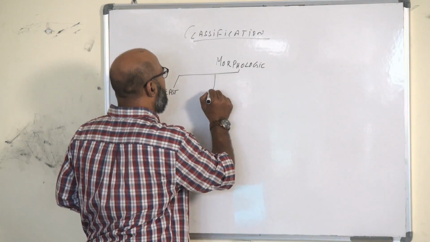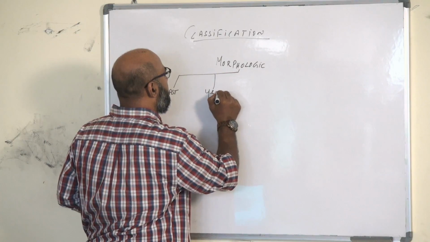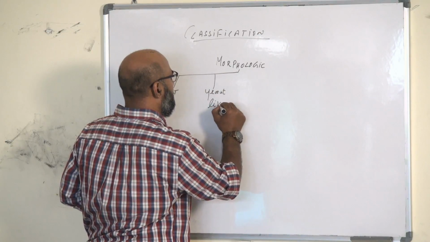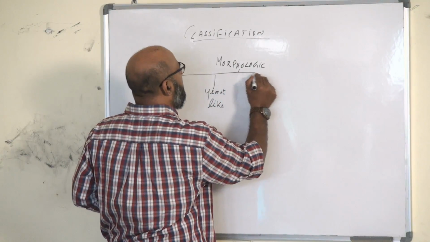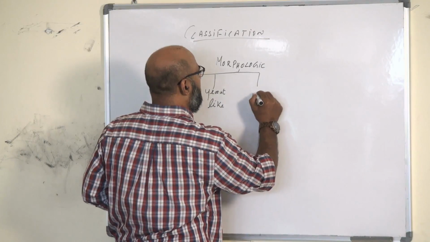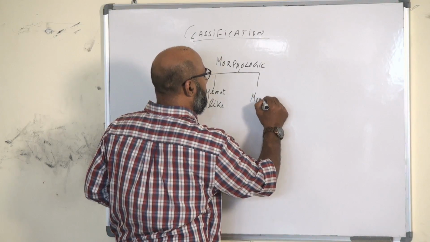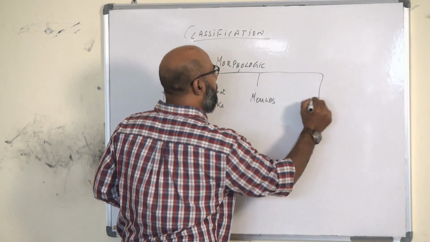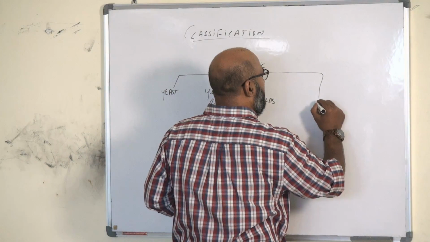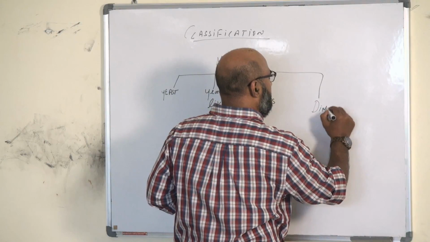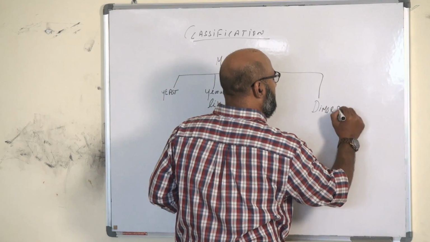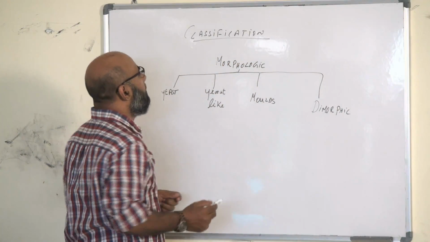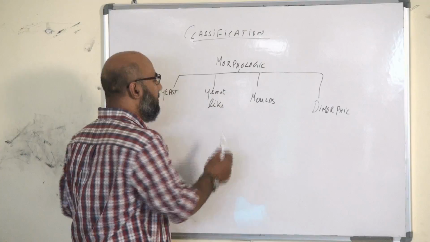Number two is the yeast-like. Number three are the molds. And number four are the dimorphic fungi. Okay. So those are the morphologic divisions of the fungi.